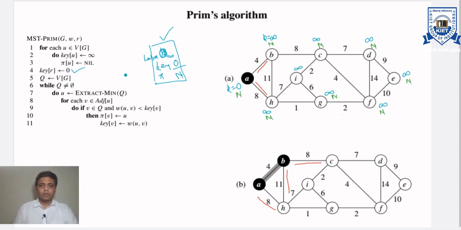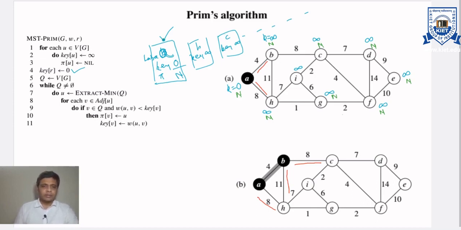If we put all the nodes inside the priority queue on the basis of key value, this value would be on the front, and since the key value for all the remaining nodes is infinity, all would reside after this A in this priority queue.